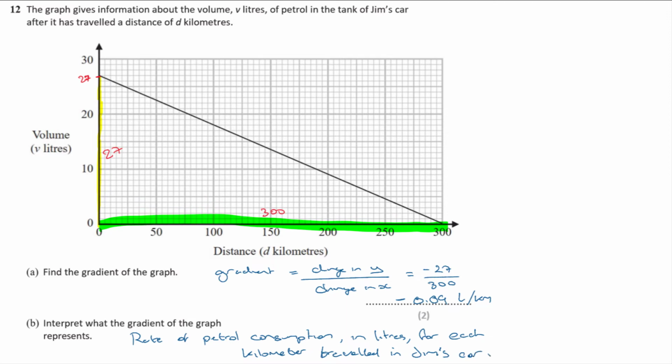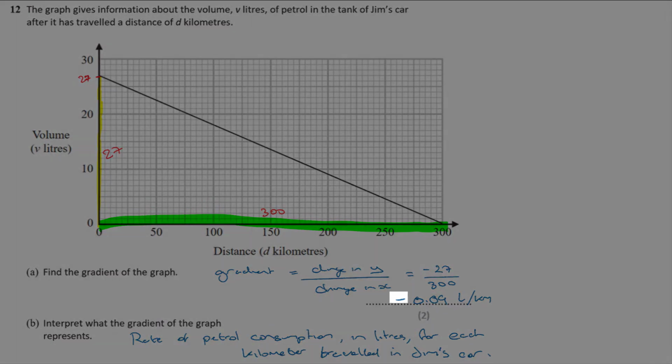So his car does 0.09 litres of petrol per kilometre. Okay, so you could use that to work out how much fuel you need for certain journeys then, couldn't you?